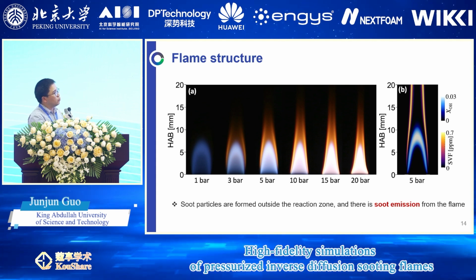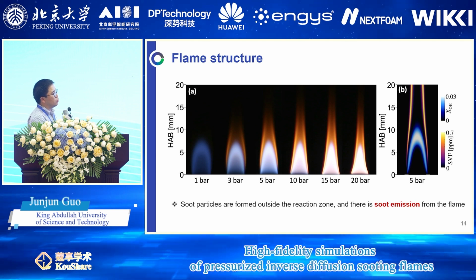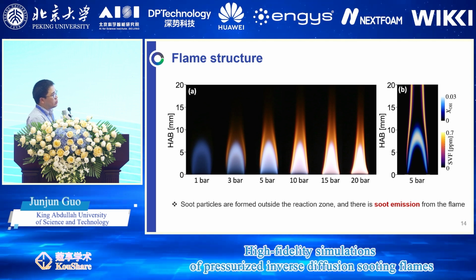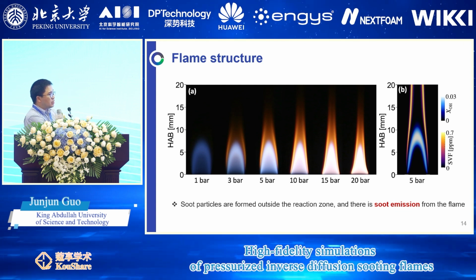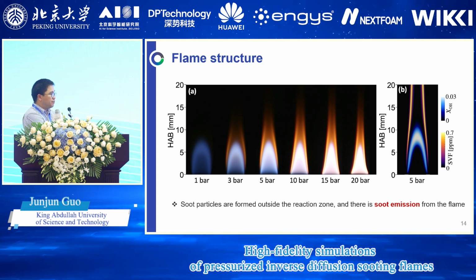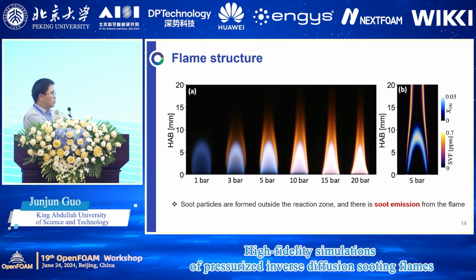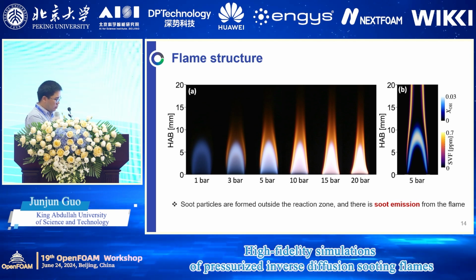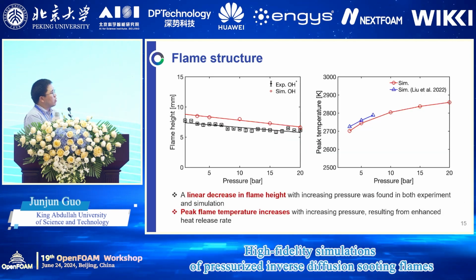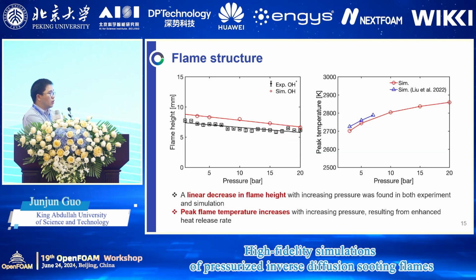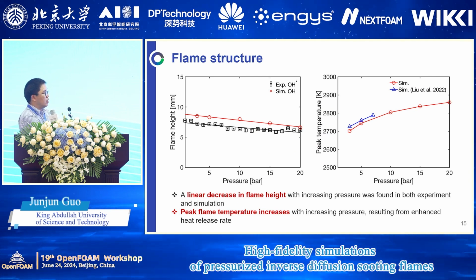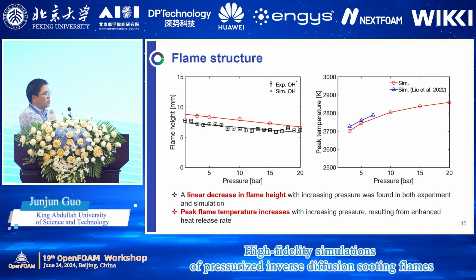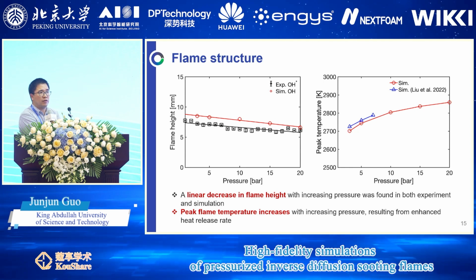So here we also put the numerical results. The blue one is the OH, and the orange is the soot volume fraction. We basically capture these 3 structures, and you do see the soot emissions. We also do some quantitative comparison of the flame height using the location of the peak OH in the flame centerline.